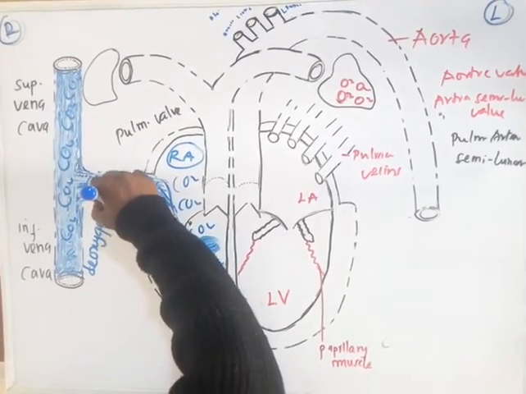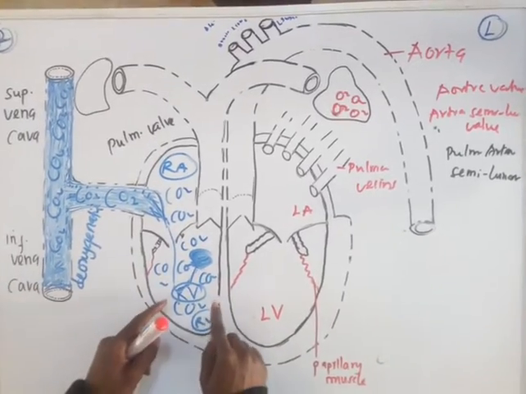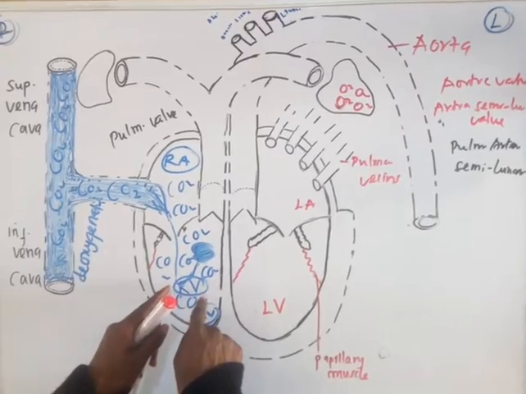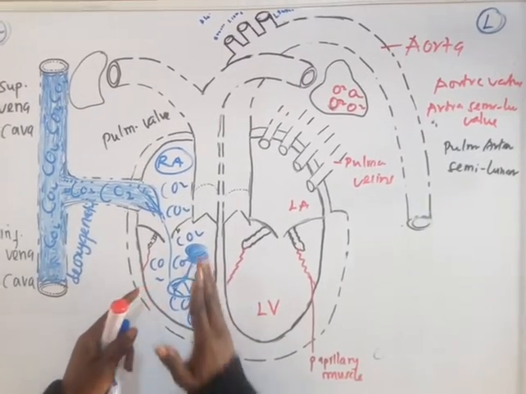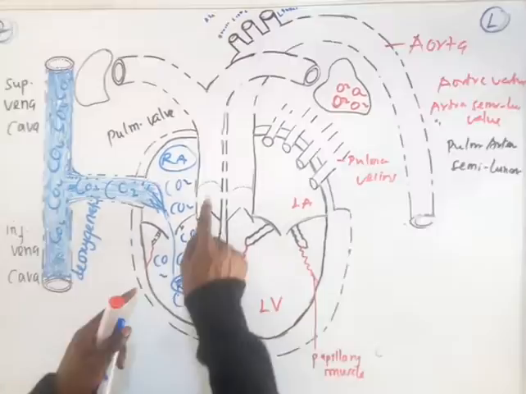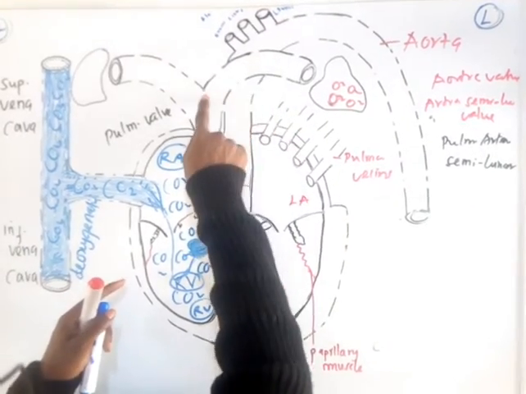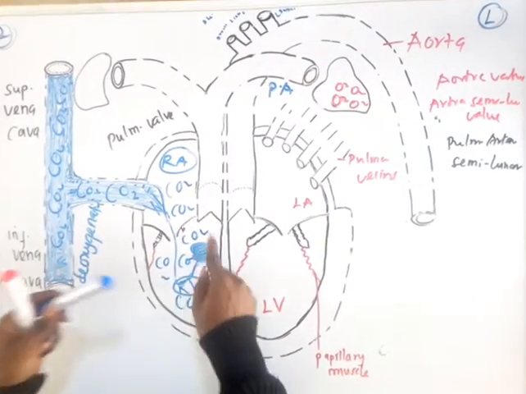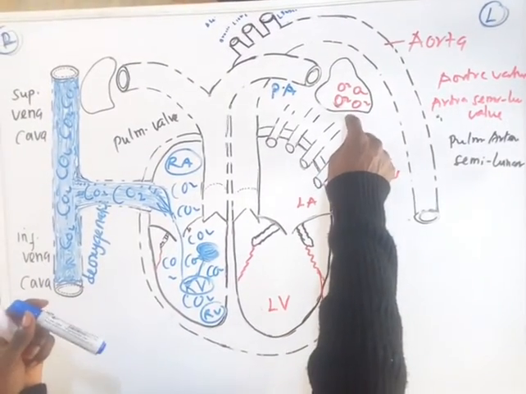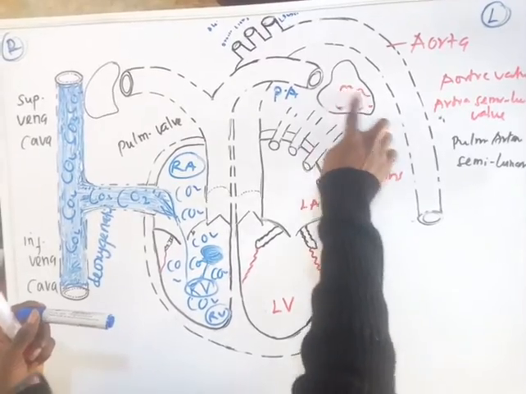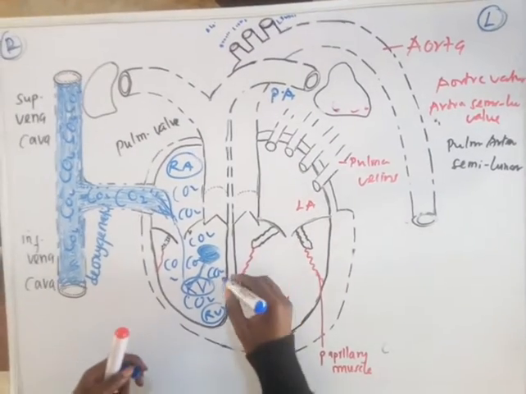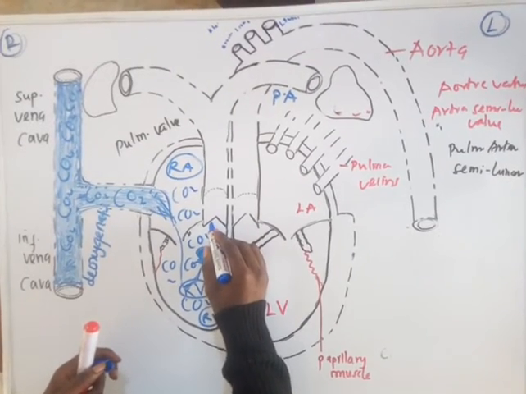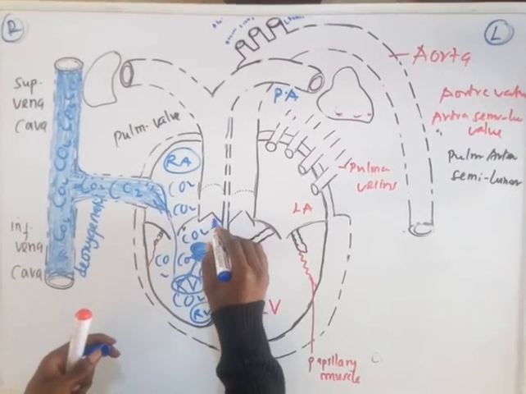Deoxygenated blood. From this right ventricle, the CO2 blood from the human body comes out into this pulmonary artery. This CO2 goes to the lungs. Here is the valve called the pulmonary valve or the pulmonary arterial lunar valve.